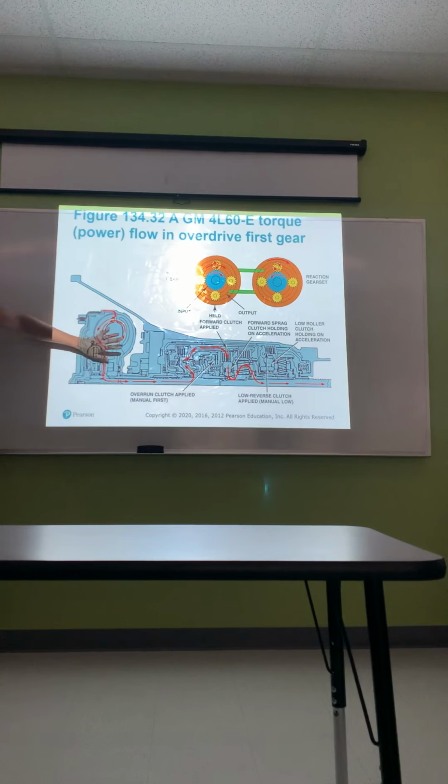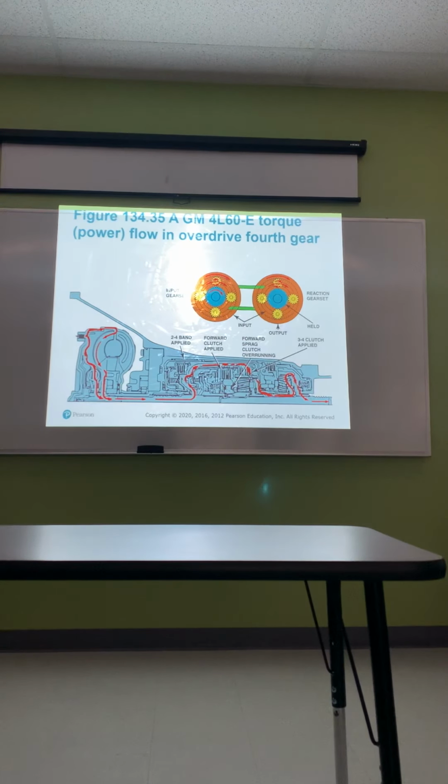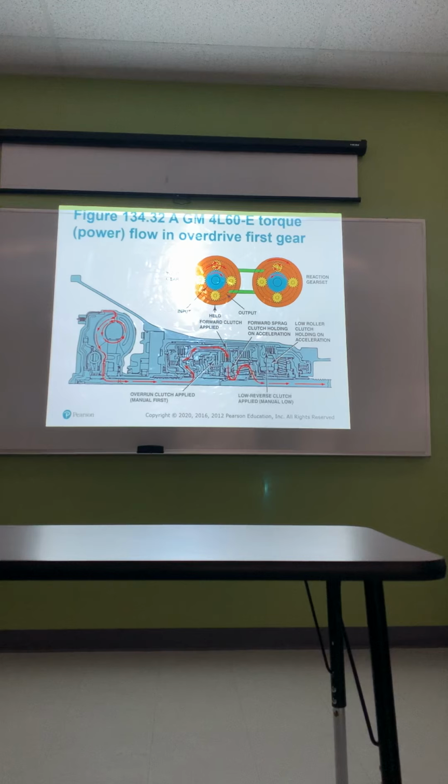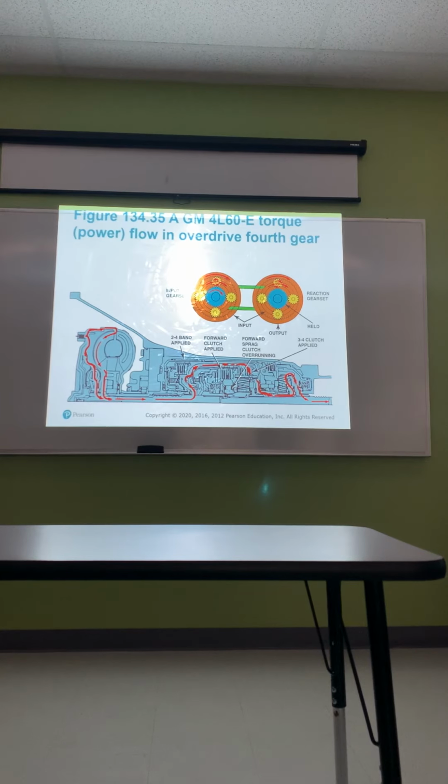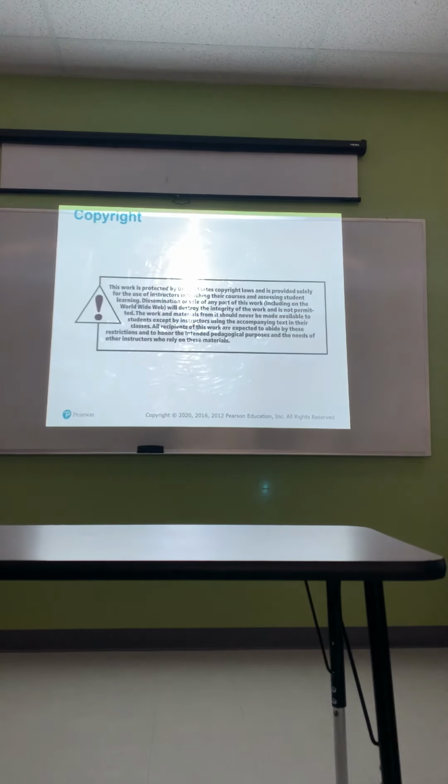Like I said, I'm not going to get too deep into this. I don't want to confuse you. Same thing, second gear, third gear. So this is basically showing you the power flow for each gear: first gear, second gear, third gear, fourth gear, and reverse.